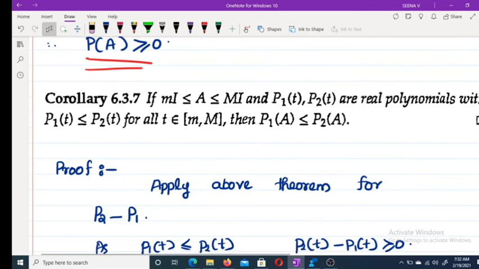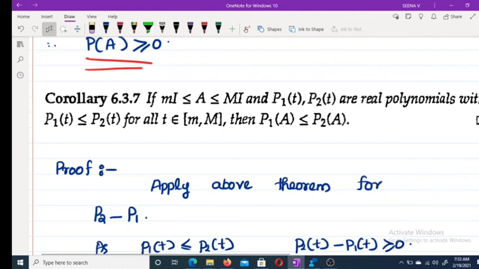Now moving to the next corollary. This is a very easy last corollary. If m is less than or equal to a less than or equal to M, and p1(t) and p2(t) are real polynomials with p1(t) less than or equal to p2(t) for all t belonging to the closed interval [m, M], then p1(a) is less than or equal to p2(a).